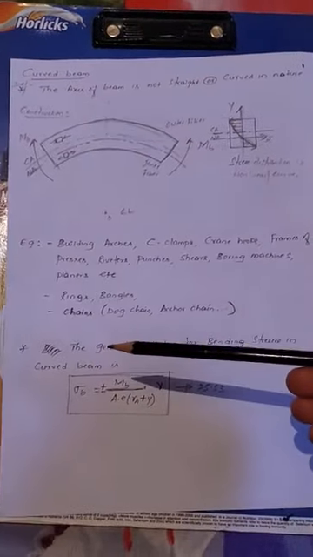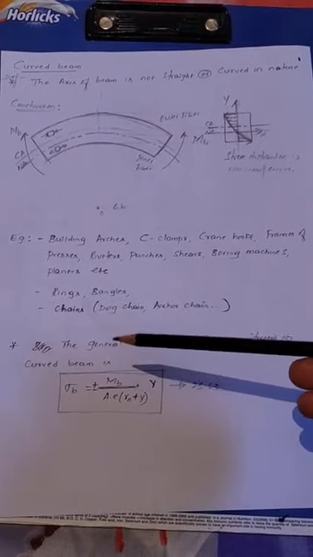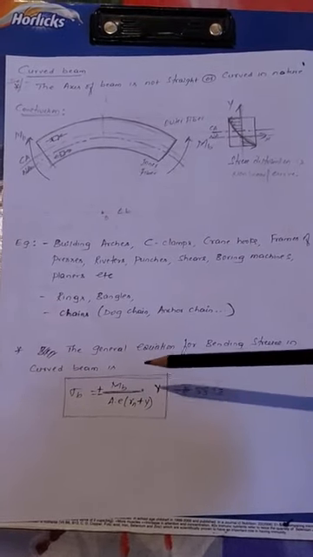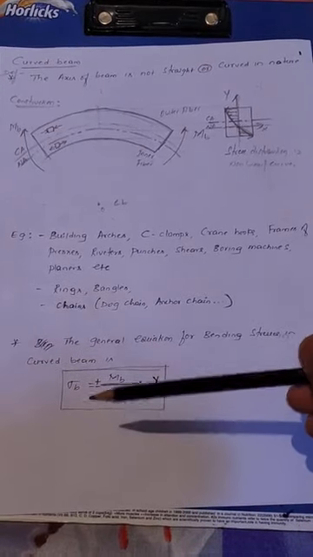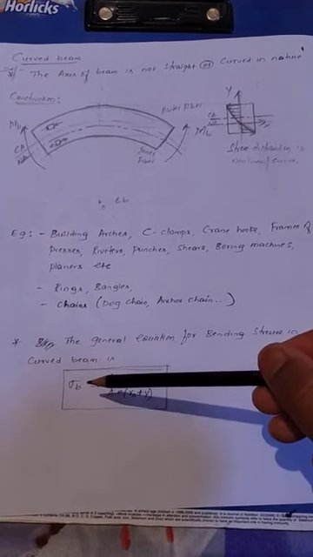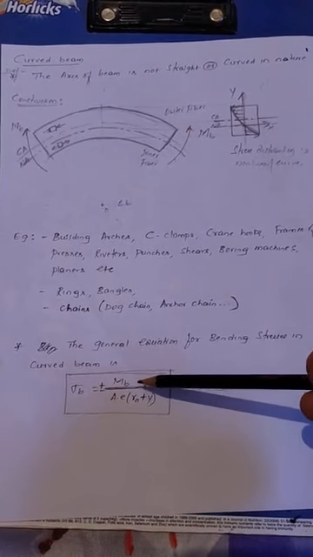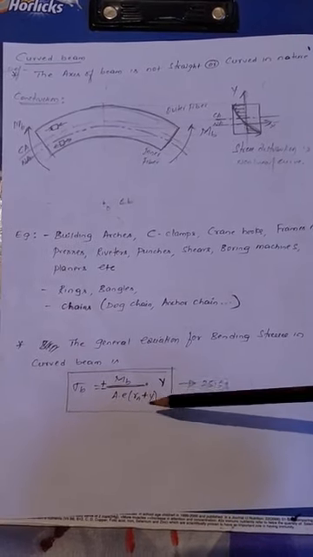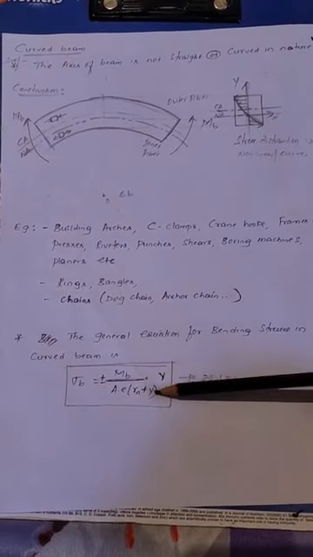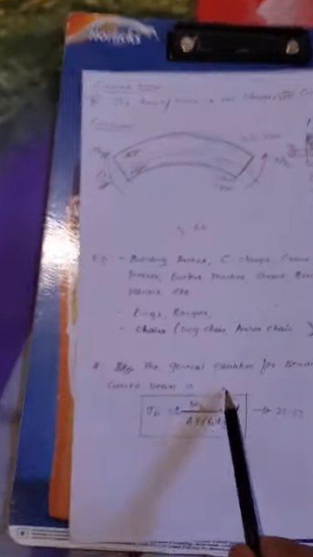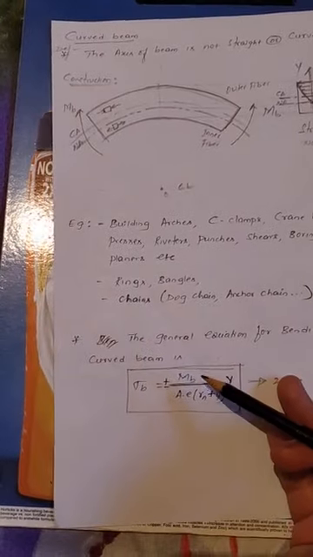Next, what is the equation of stresses induced in the curved beam? How do you express that equation? Later we'll derive this equation. For now, just note that the bending stress in curved beams is Mb divided by A e, into y divided by (rn plus y). What is Mb? Mb is the external bending moment.